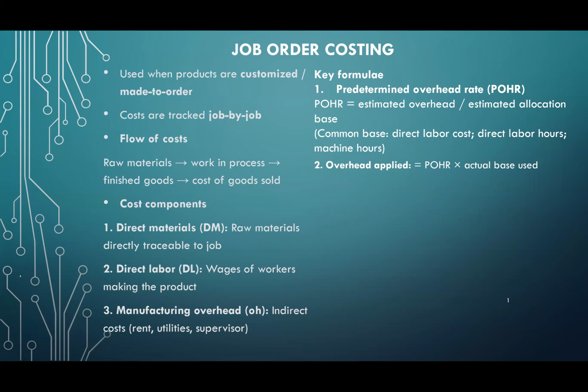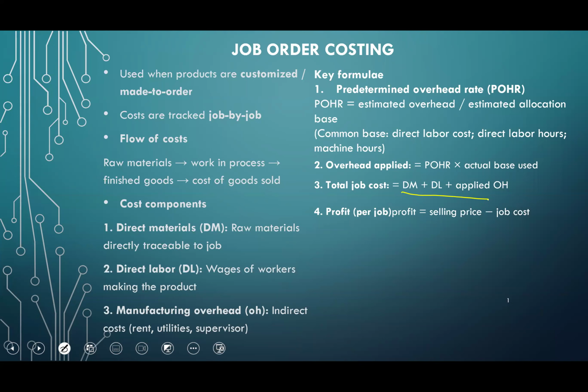Once I have the total cost of a job, adding these three ingredients, I am also able to calculate profit from each job. I know what the patient or the client is paying me, and what my cost of doing this job is. So I am ready to figure out my profit if need be.